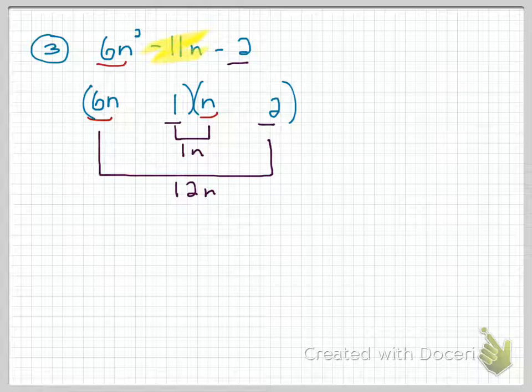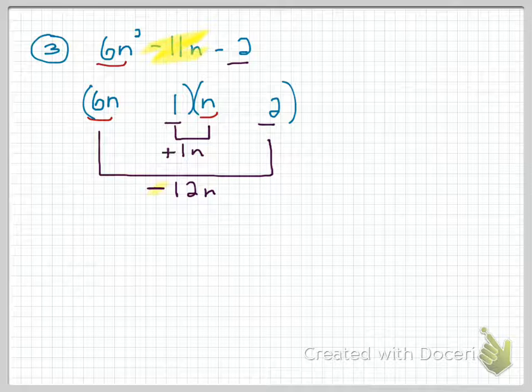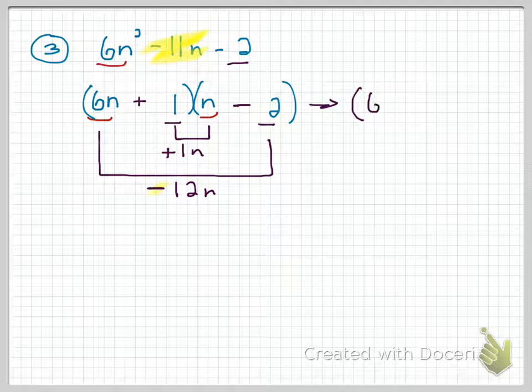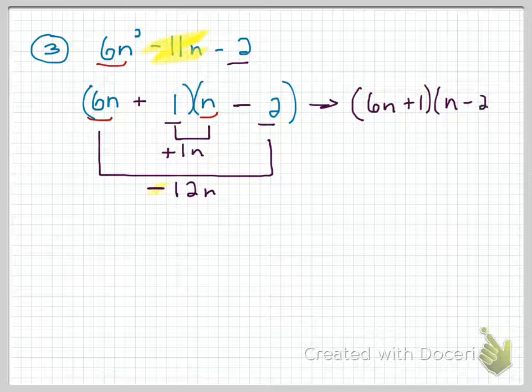And that's going to happen if the 12 is negative and the 1 is positive. So to get a negative 12n, I make the 2 negative and the 6n plus 1. And so my final answer: 6n plus 1 times n minus 2.